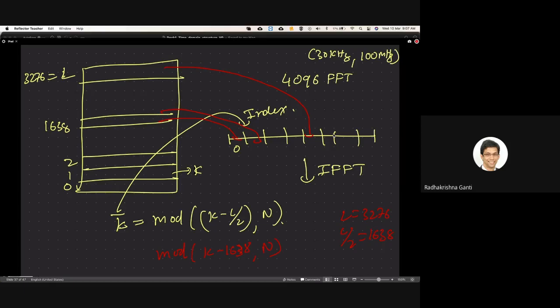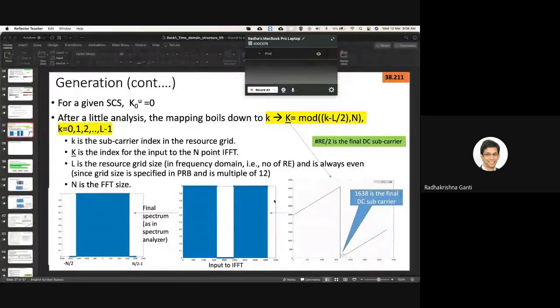So the 1638 element gets mapped to 0, 1639 gets mapped to 1, and so on up to 3276. Then there will be a lot of gap. Then the 0th element gets mapped after the gap. That is how it gets mapped, as I showed here.